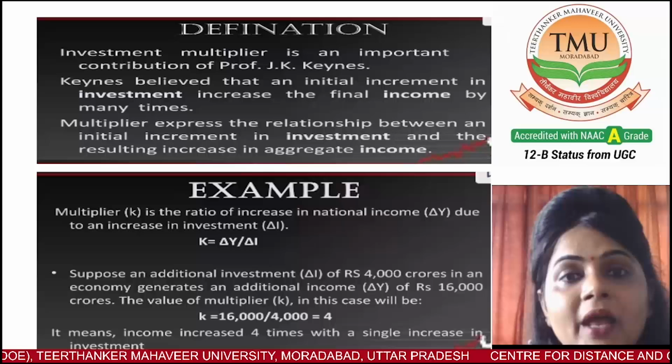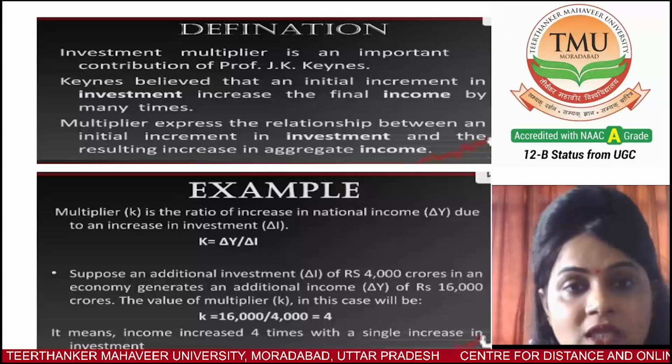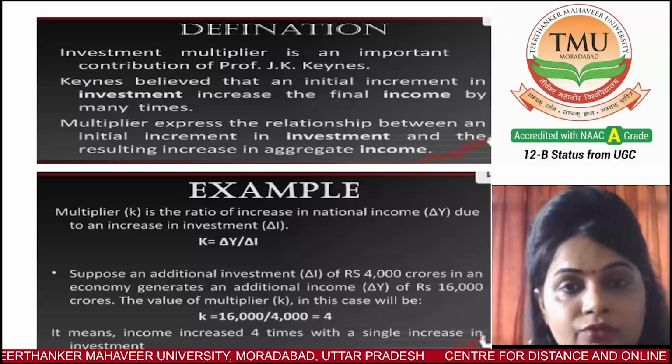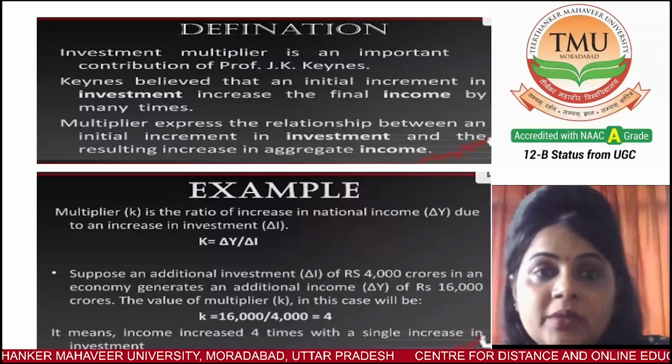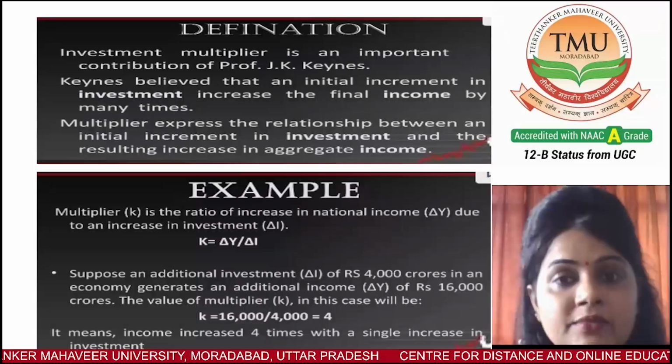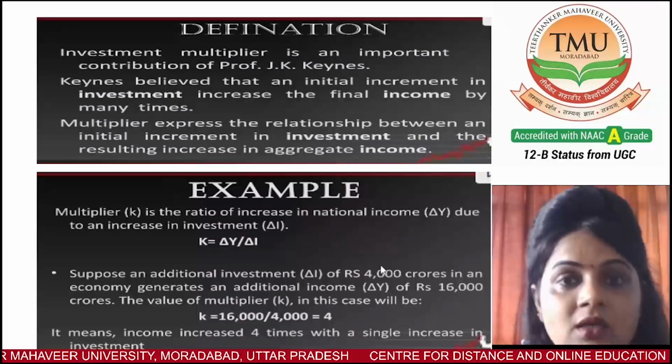The value of multiplier K in this case will be K is equal to 16,000 upon 4,000, which is 4. It means income increases 4 times with a single increase in the investment.